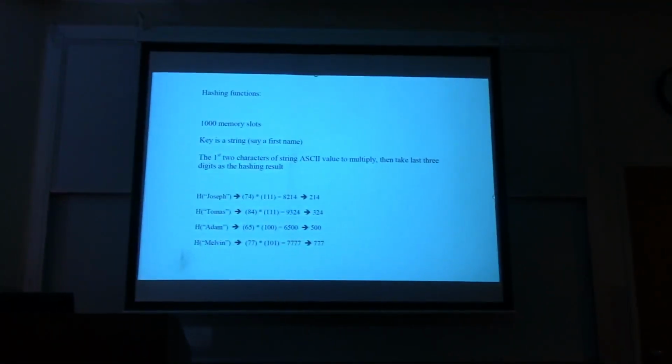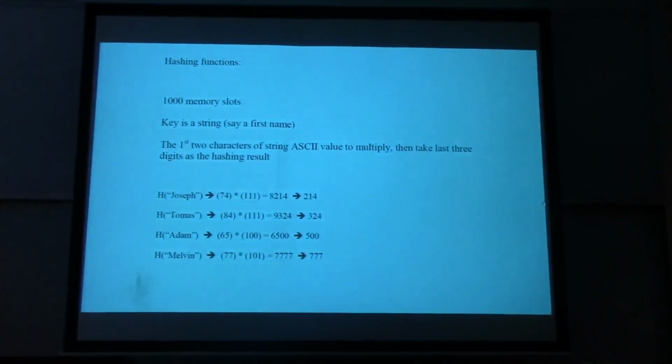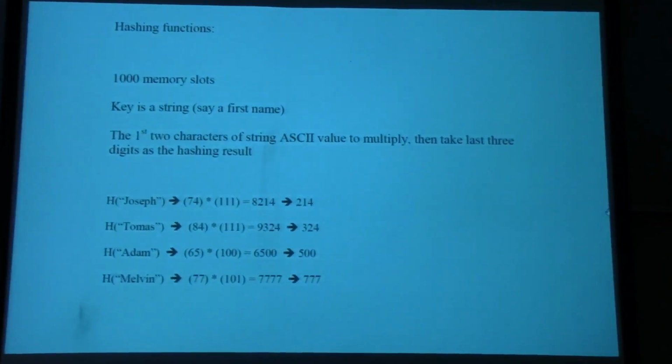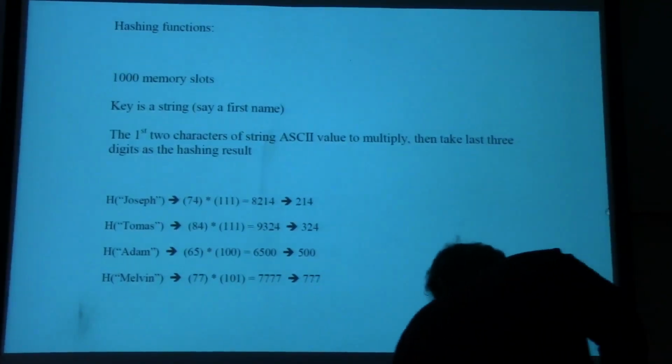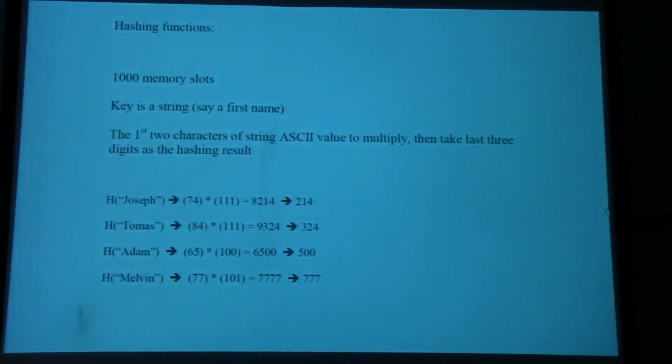All right, so let's look at some hashing functions. These are not probabilities, these are just hashing functions. So this is just some idea of how you can produce hashing functions. If you're using some standard data structure like Java or C# and you're using a hash table or hash map, then it's automatically going to give you something like that.